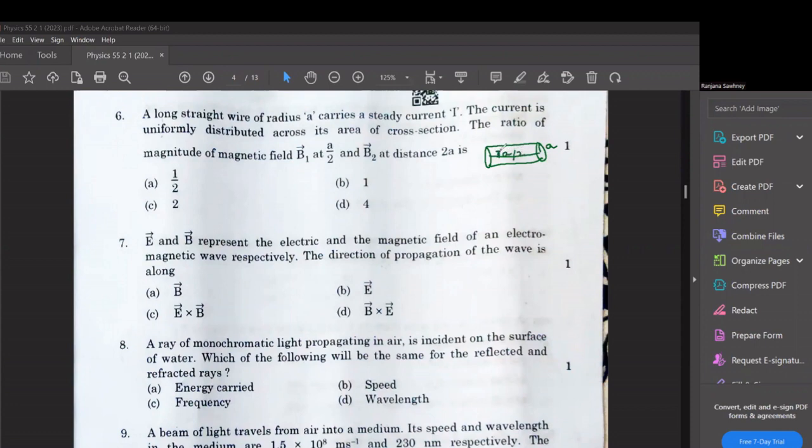So the magnetic field here is B1 and the magnetic field at a distance 2A will be outside the wire somewhere here. So this distance is 2A.